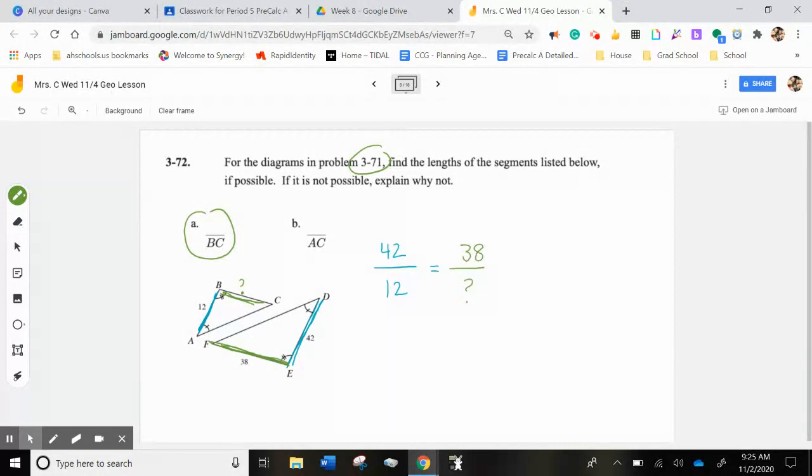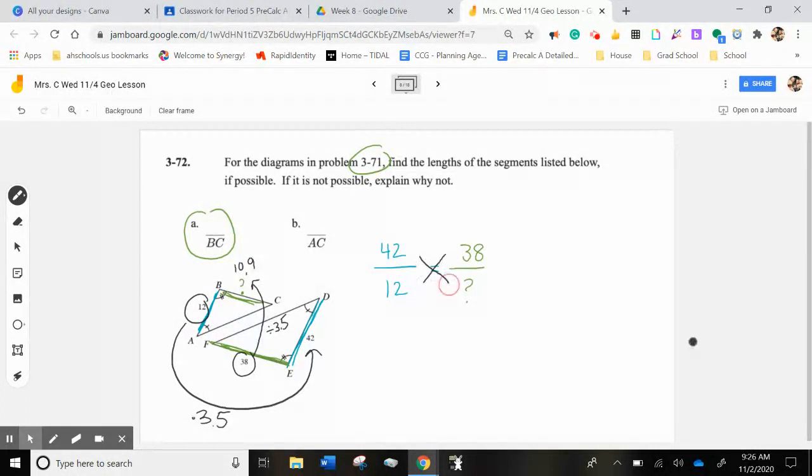So a few ways you can see this here. Some of you might think, well, to go from 12 to 42, I have to times by 3.5. Or if I did 42 divided by 3.5, that would give me 12. So I could take 38 and divide by 3.5, which would give me, kind of a gross number, 10.9.